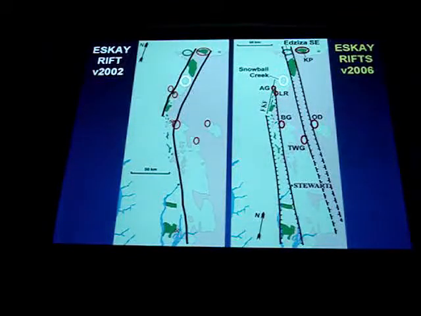And most important to me is that this block at Snowball Creek is now outside the rift structures. Given that it's so close to the rifts, it's perhaps not surprising there's a thin rhyolite tuff unit preserved within that otherwise arc stratigraphy.